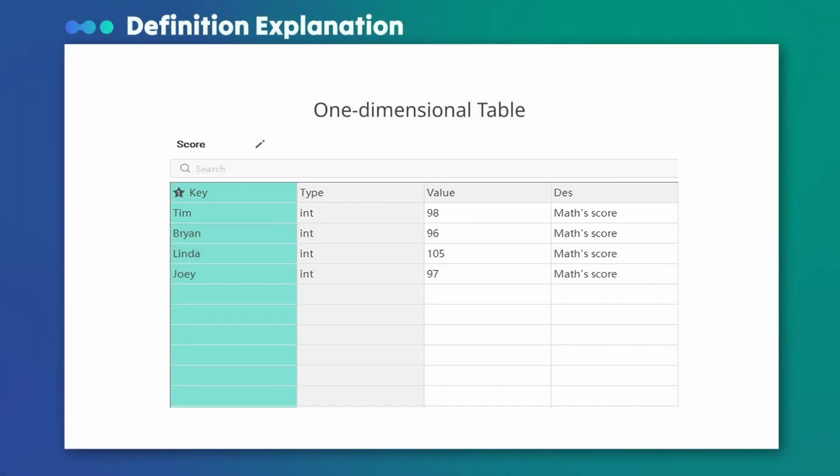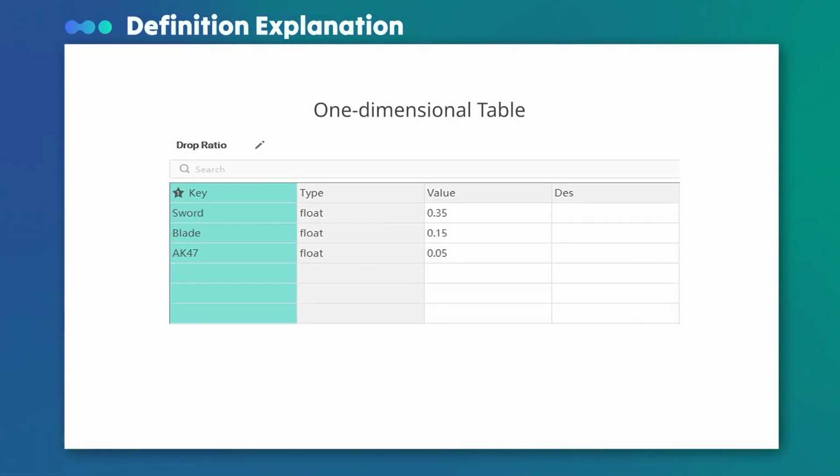In addition, by locating the primary key, that is the index, in column 1, we can get the value of this specific data quickly. The table of probability of monsters dropping items is an example of one-dimensional table. In this table, by getting the name of the drop item, we can easily get its drop ratio.